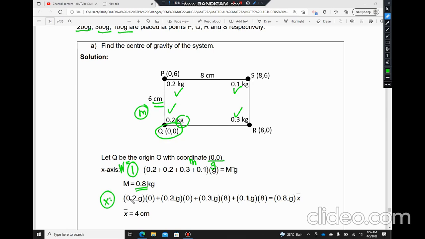Okay, first 0.2, this one Q. Okay, 0.2 multiply by G sebab W equals to mg kan. Okay, yang you darab dengan distance X. Okay, so M is 0.2 and then gravity multiply by 0 sebab kita assume dia adalah 0, 0 sebab dia origin.